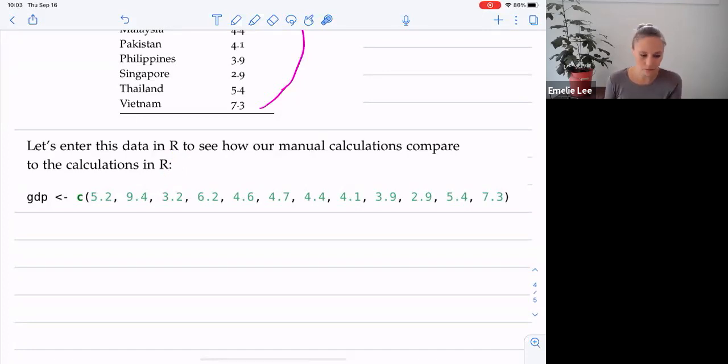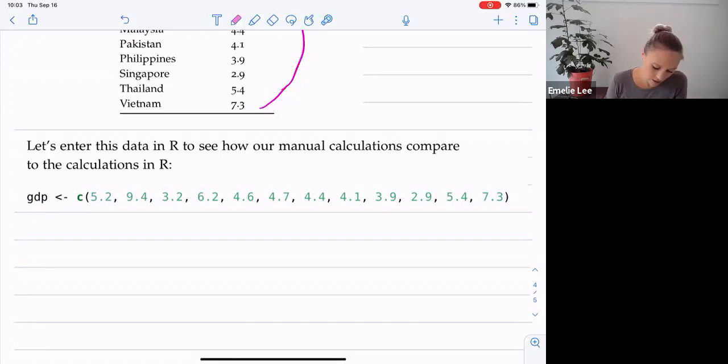So what I've done is I've called this variable GDP. You can give it one name, no spaces. It can't handle spaces, it has to be just one thing, but it can be multiple letters long. Here I've called it GDP, or you could just call it G if you want.